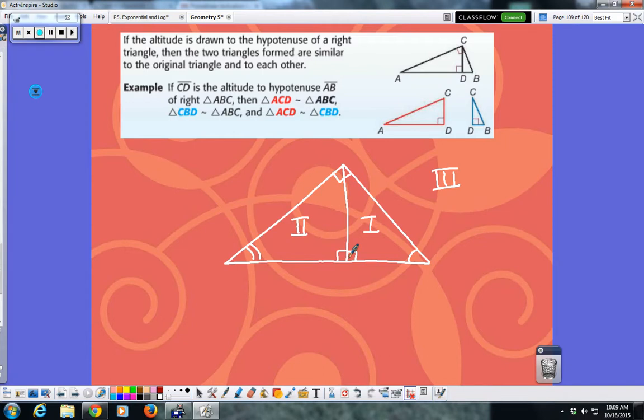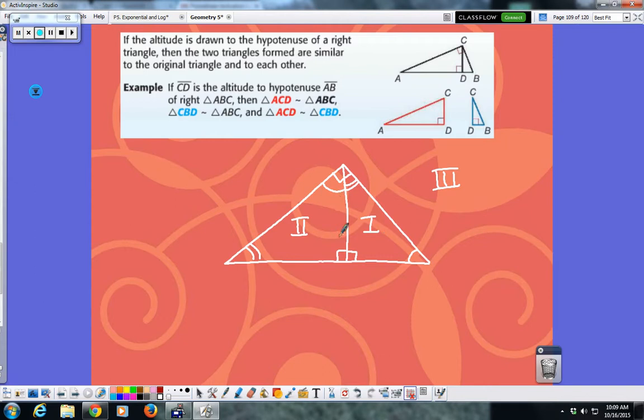And you could actually go on to make this statement, by the third angle theorem, this angle would be congruent to this angle, and you could prove that all three of those triangles are similar. They all three have corresponding pieces. Let's try to identify the corresponding pieces.